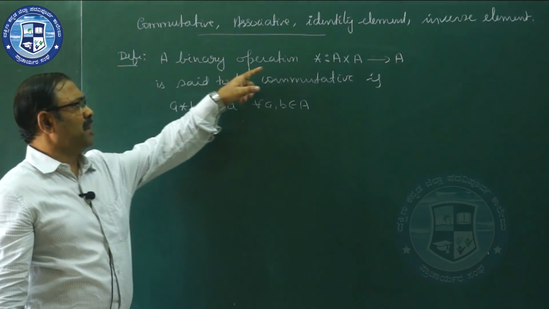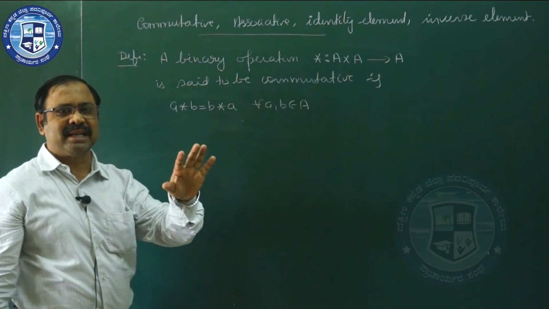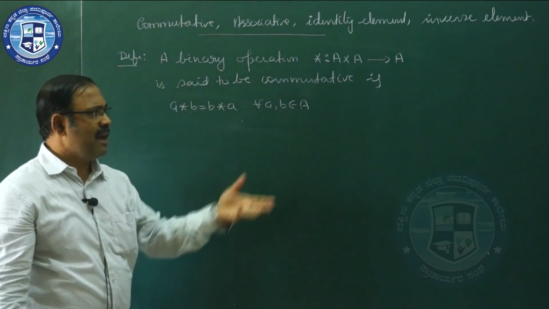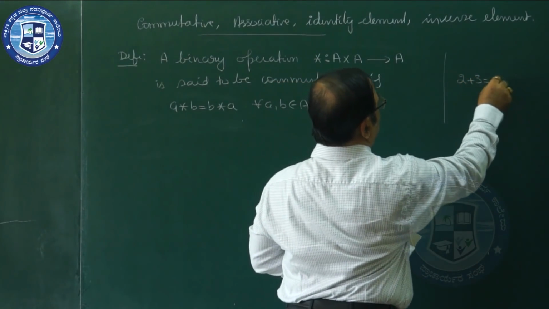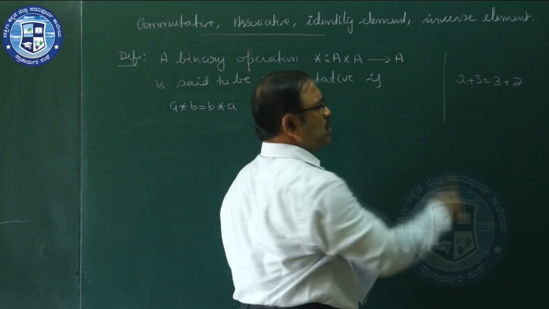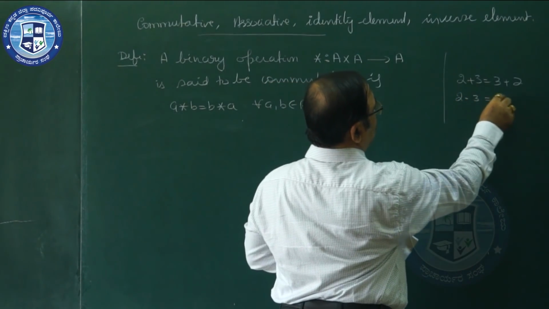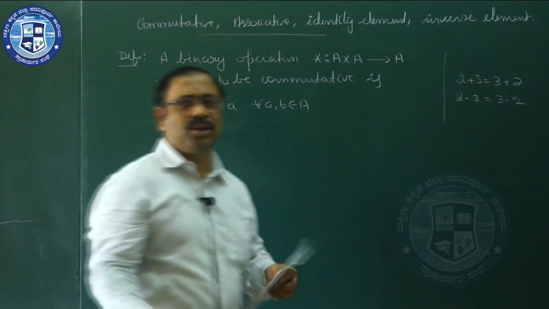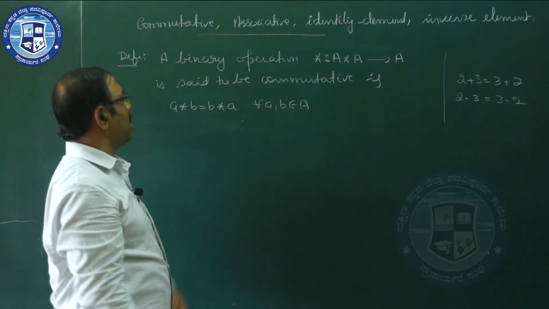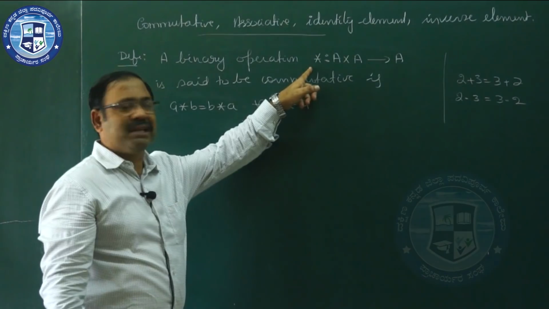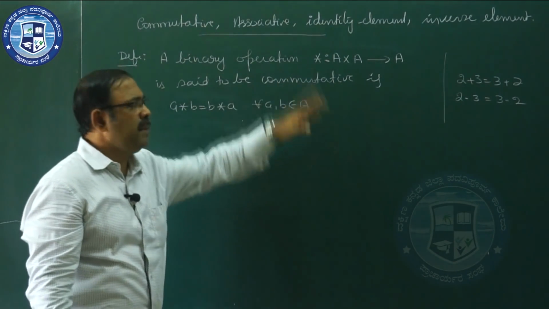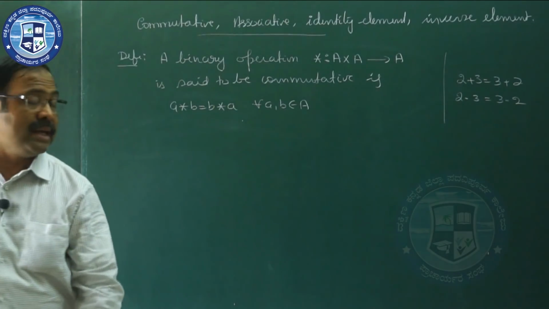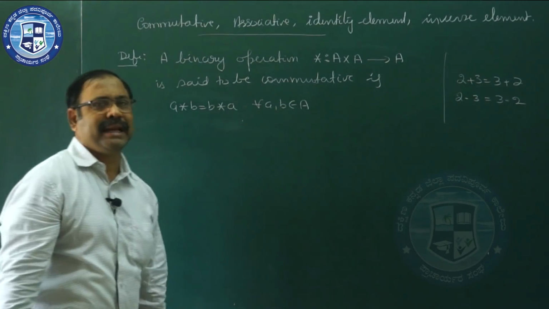Commutative property of addition means 2 plus 3 equals 3 plus 2. Multiplication means 2 into 3 equals 3 into 2. In general, the commutative property for star is defined as A star B equals B star A for all A, B belonging to set A.